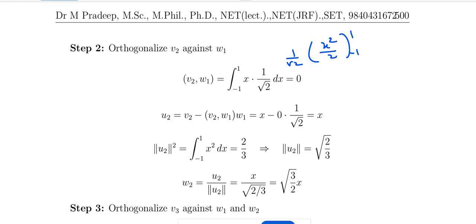Simply applying the concept, this is an odd function. For an odd function over the limits minus a to a, the integral value is 0.